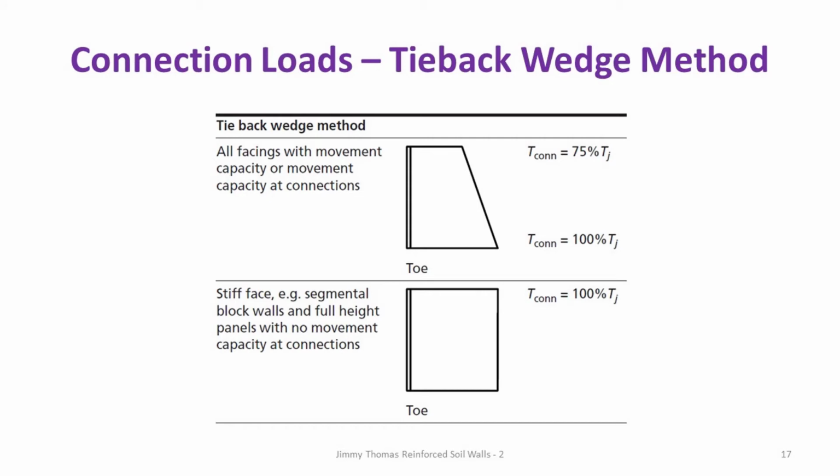Now again, as we have seen, the BS defines the connection loads. The exact load coming at the connection varies, but the code says we are not concerned with the exact forces coming at the connection, so I design the connection for these loads. For the tie-back wedge method, which is applicable for extensible reinforcement, it is 75% at the top and 100% at the bottom. That applies to all facings with movement capacity or movement at the connections.